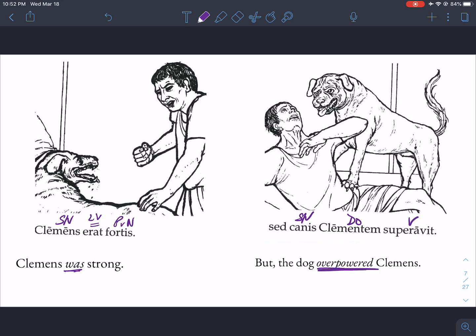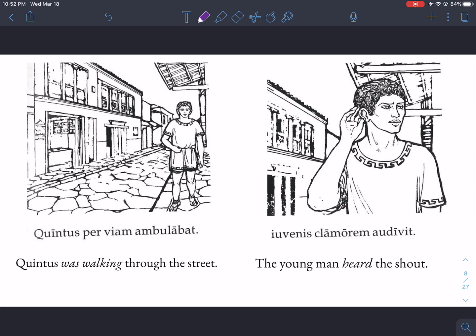Pay attention to that. All right. And here comes your boy, Quintus, who was walking through the street. Okay, also side note, you see the word viam? Is it accusative? Yeah, buddy, it is. Okay, so Quintus was walking through the street.